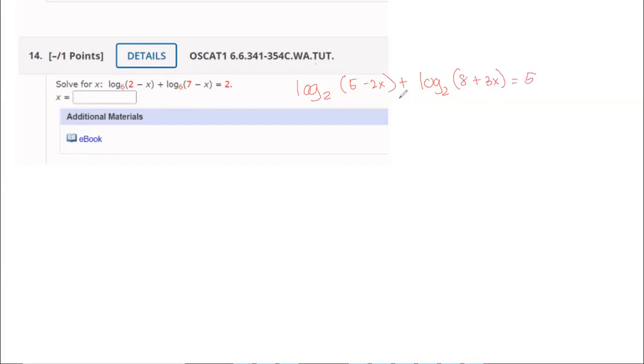Now we will combine again. If this was minus, then you would divide, but this is a plus, so we will multiply. Let's condense this: log base 2, multiply, so you have (5 minus 2x) times (8 plus 3x) equals 5.